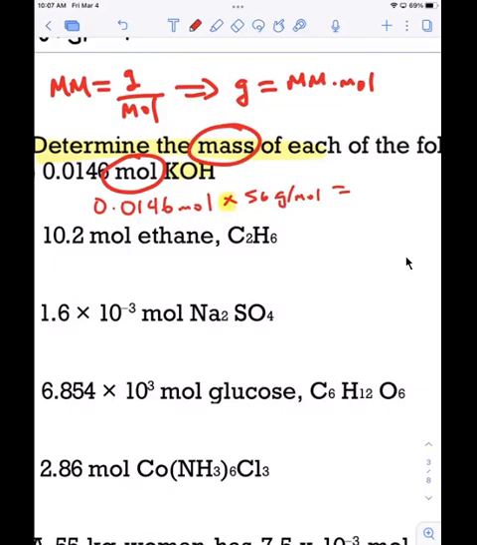And that should give me, what is that in grams? Let me get my calculator. Somebody can also be calculating that, 0.0146 times 56.